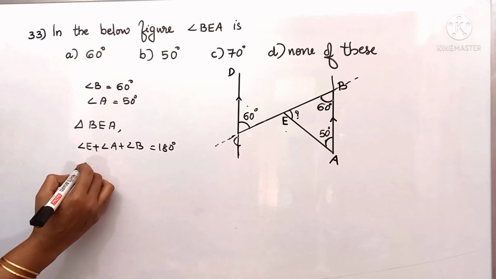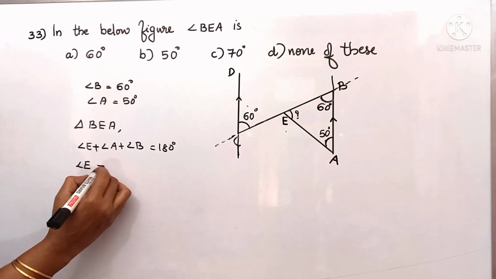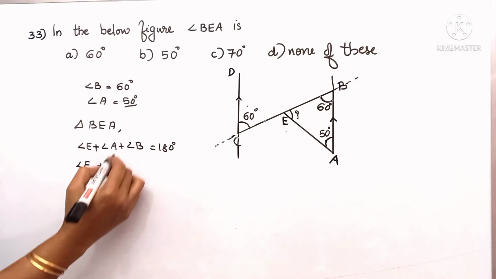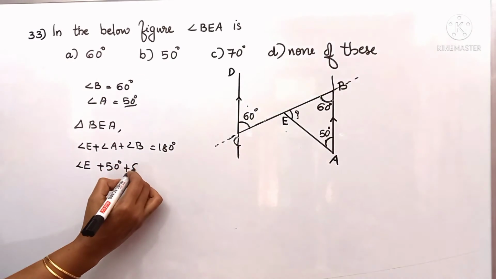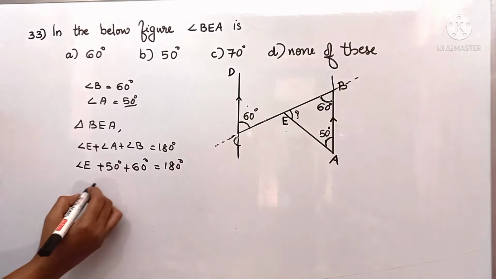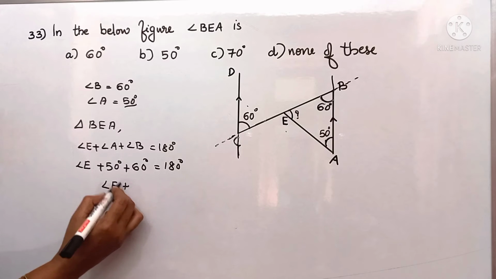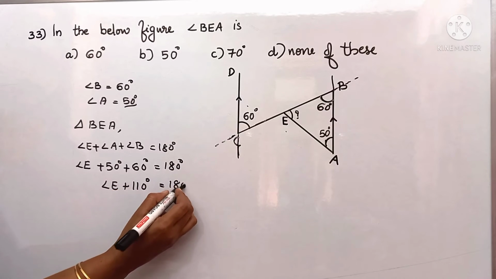Then angle E we don't know, so we write angle E itself, plus angle A, 50 degrees, substituting that here, plus angle B, 60 degrees, that is equal to 180 degrees. Then angle E plus 50 plus 60, 110 degrees, equals 180 degrees.